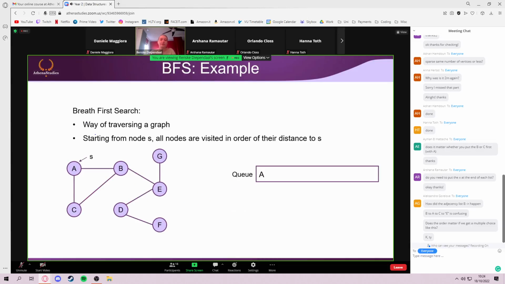Okay, so let's say we start with this starting node S, and we just write down everything we need to search in a queue. So this is a FIFO queue, first in, first out.